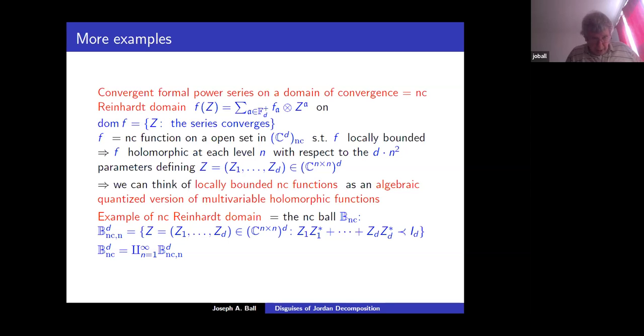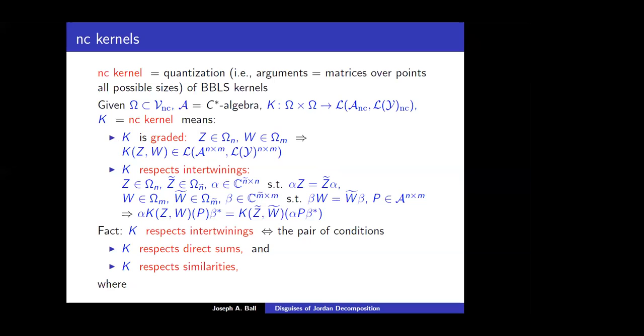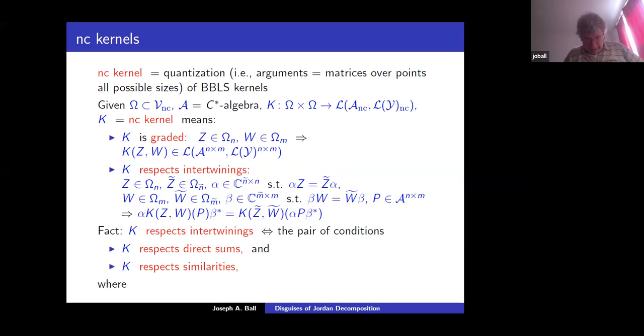Okay. Then non-commutative kernels, I want to talk about kernels. You quantize all this. So we again have our point set omega, but now it's contained in the non-commutative domain of all square matrices over V. And you take A to be a C star algebra.